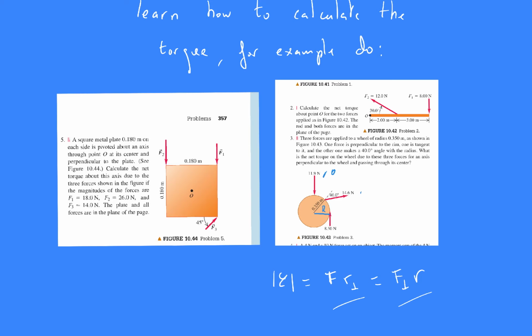This force has torque 14.6 sine of 40 degrees, because this is the amount of force that is here. 14.6 newtons multiplied by sine of 40 is the amount of force, and this amount of force multiplied by the radius, 0.35, will be the torque, but it will be a negative torque.